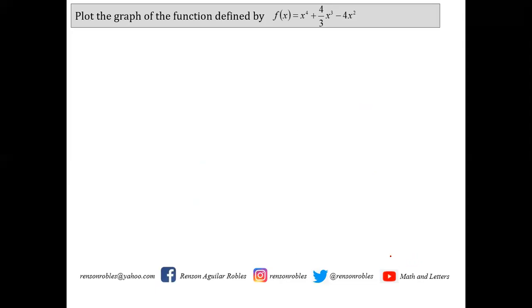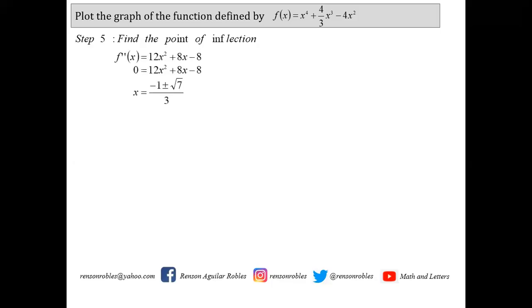And then the next step is to get the point of inflection. To get the point of inflection, we shall let f double prime of x equal 0. So again, f double prime of x is equal to 12x squared plus 8x minus 8, and we let this be 0. So we have 0 equals 12x squared plus 8x minus 8.